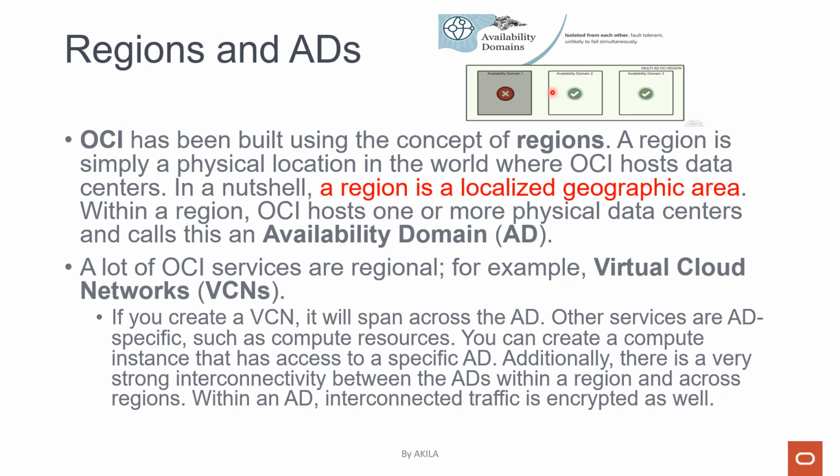But in Oracle Cloud Infrastructure, that is not the case, because of the availability domain: immediately I can get the data from the next availability domain, 2 or 3. That is the main advantage of keeping availability domains within the regions.